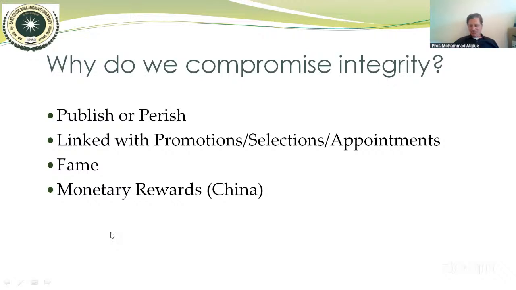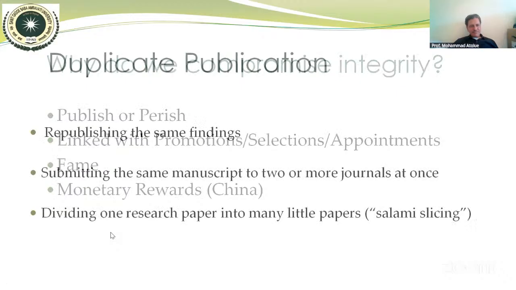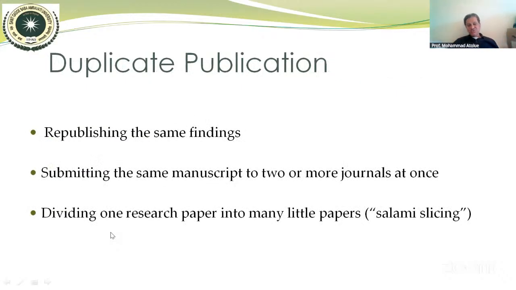For example, if you publish a Scopus indexed quality paper, the authors may get some seed money for that. So it is bread and butter for a few people, right? So publish or perish, linked with promotion, becoming famous in your area, maybe the monetary rewards, and so on. Now, how do we compromise?